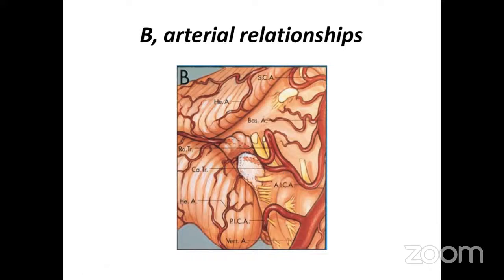Anterior medullary, lateral medullary, tonsillar, tonsomedullary, and the last one is the cortical segment. So this is the arterial relationship of the CP angle with the nerves.